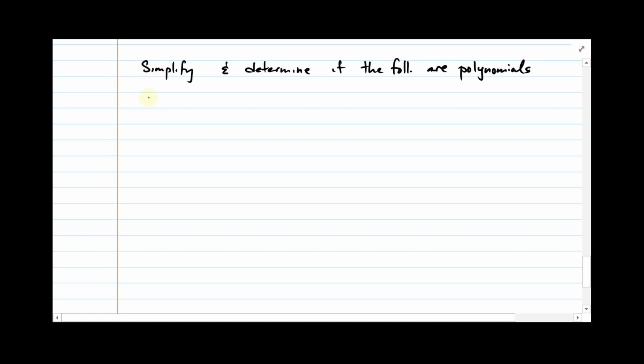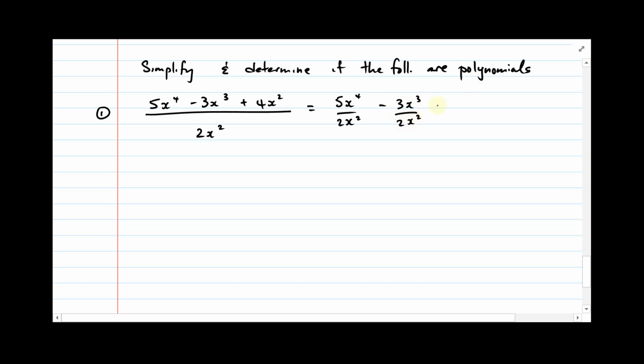In the first case, I have 5x to the 4th, 3x cubed, and 4x squared, all divided by 2x squared. Recall that if you're dividing by a monomial, each item in the numerator will be divided. Then we can just use our indices or rules of exponents to find what we end up with.